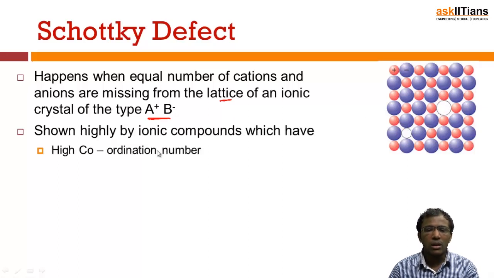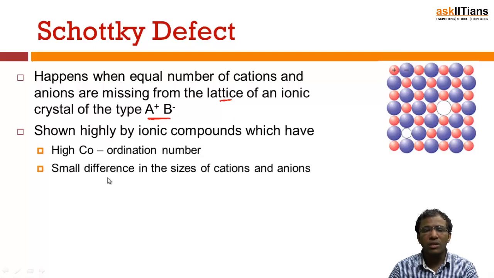This defect is shown highly by compounds which have a high coordination number and a small difference in the size of the cations and anions. If there is not much difference in the size of cation and anion, then there is a higher probability that this defect is going to happen.